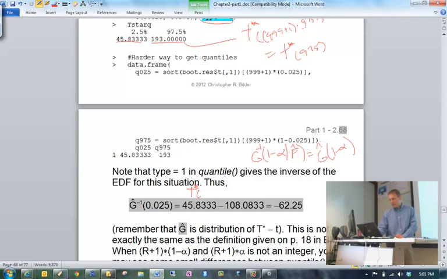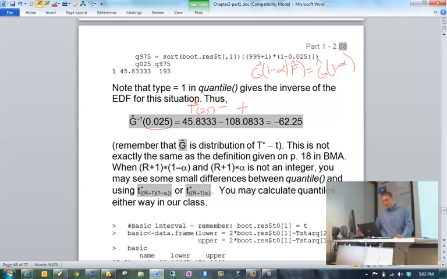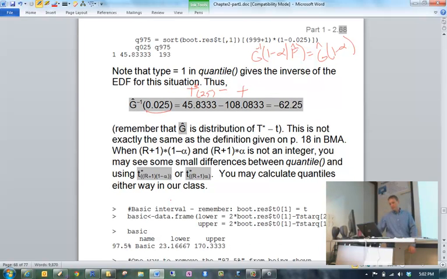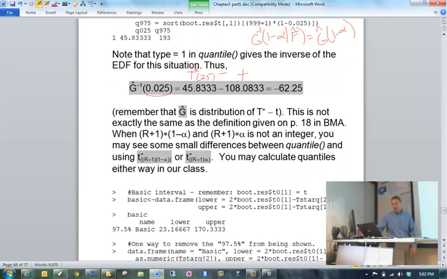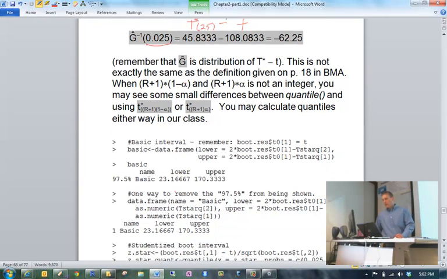In this case, this is going to be the 25th ordered one, and subtract off T for the 0.025 quantile, if you wanted to do that. Alternatively, just simply use the formula.